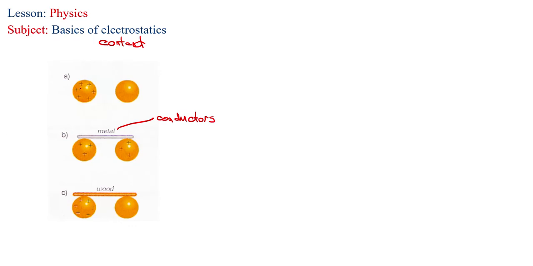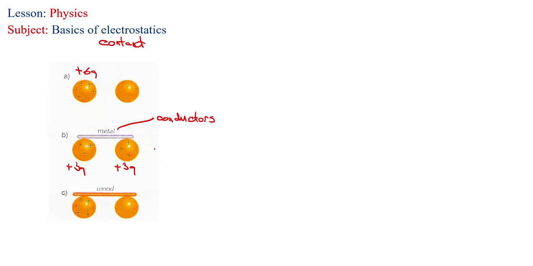So you see here these two spheres. One of them was charged with 6q. Let me assume that I have an excess of 6 positive charges here, and you see here, by the way, they both become 3 charges, plus 3q on both sides.